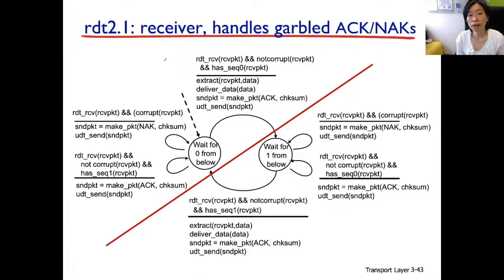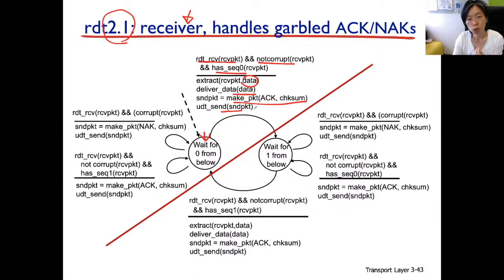Now let's try to develop RDT 2.2's finite state machines. Here we will borrow from 2.1 and start from the receiver side of the finite state machine. The initial state is wait for 0 from below, so we're expecting data 0. And we get one that is not corrupted and indeed carries sequence number 0. Then we extract data, pass it up to the application layer, generate an ACK packet with the checksum, and send it out.